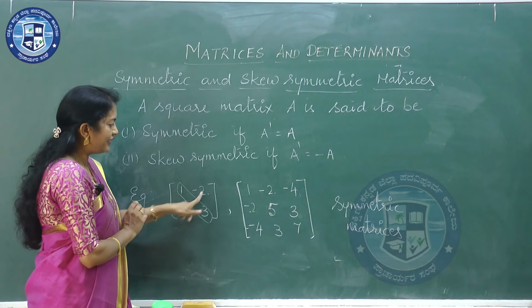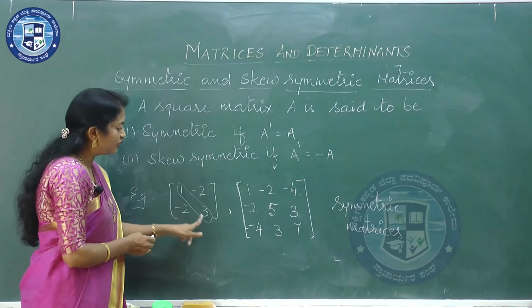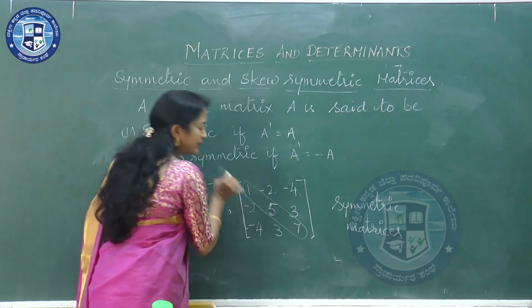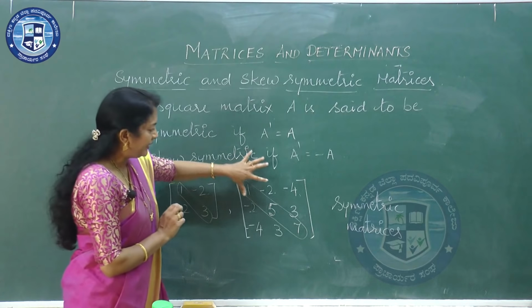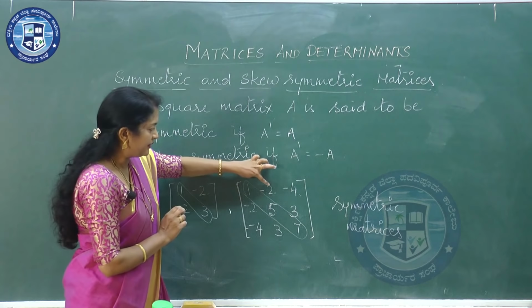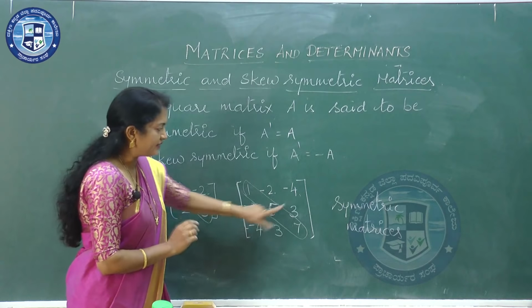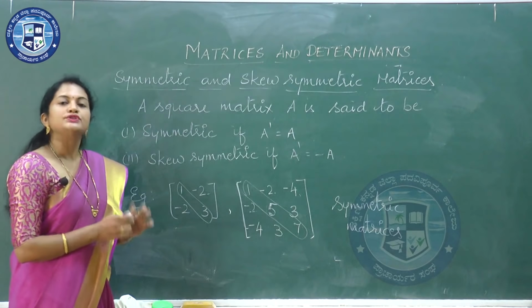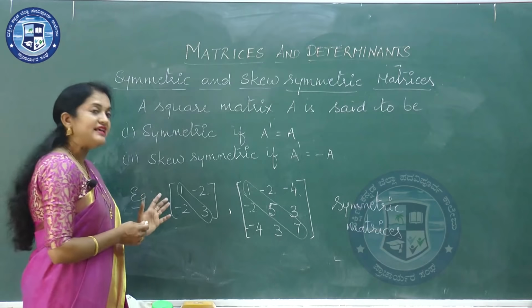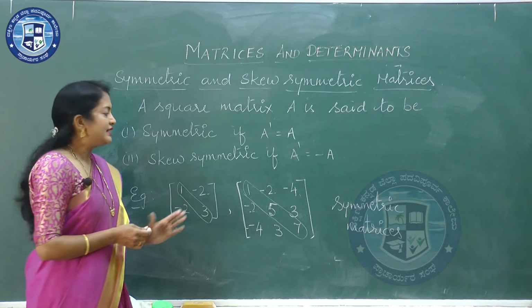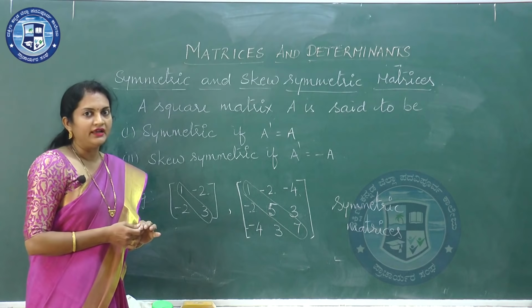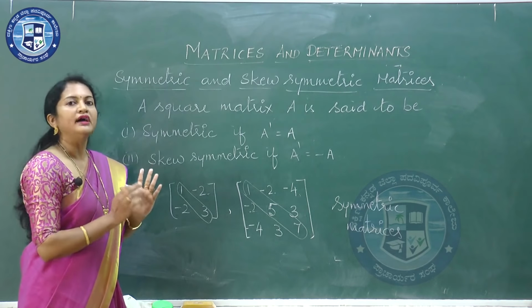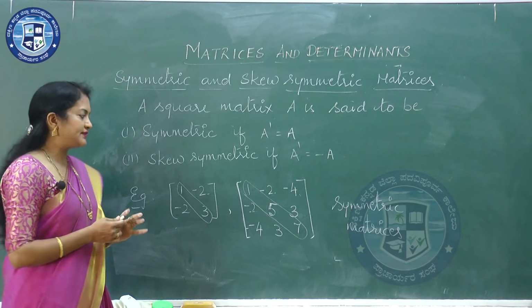You see, these non-diagonal elements are symmetric about this diagonal. Here also, this is the principal diagonal and the non-diagonal elements are -2, -2, -4, -4, 3, 3. Those are symmetric about the diagonal. So in a symmetric matrix, always the non-diagonal elements are symmetric about the principal diagonal. So that is the one thing you can remember to identify a symmetric matrix.